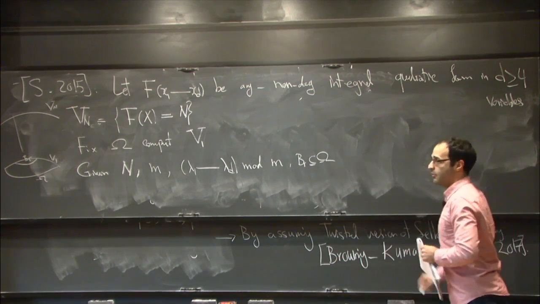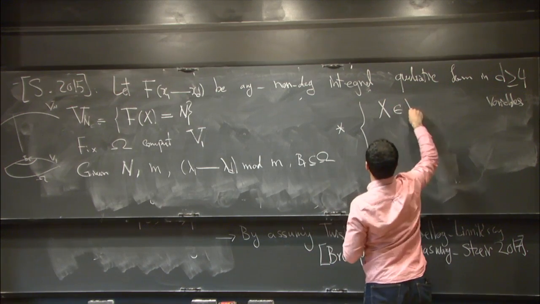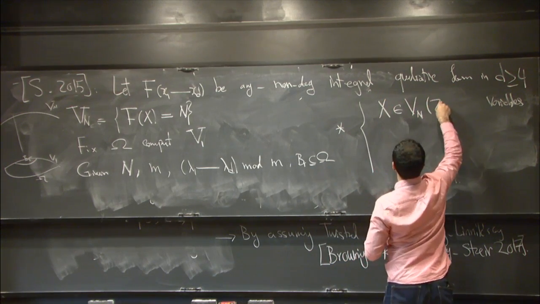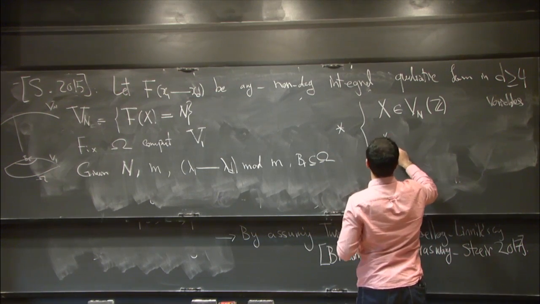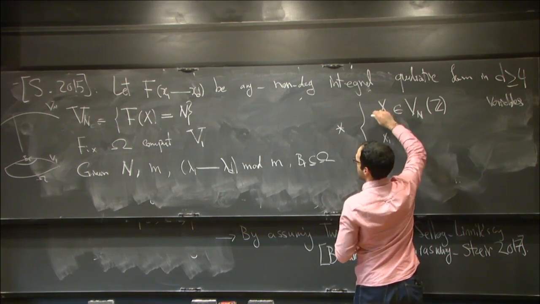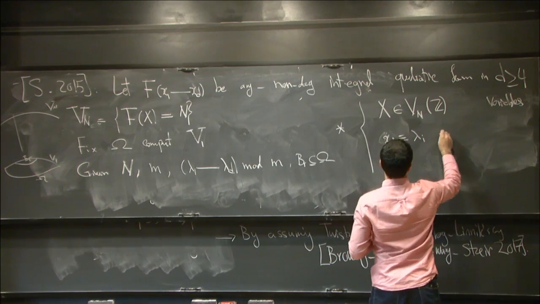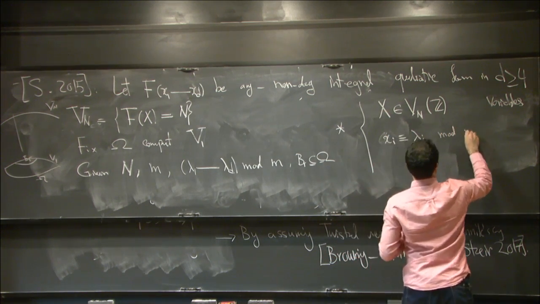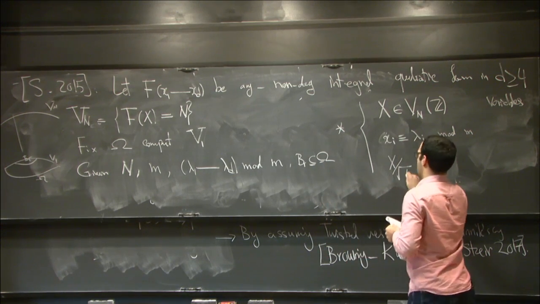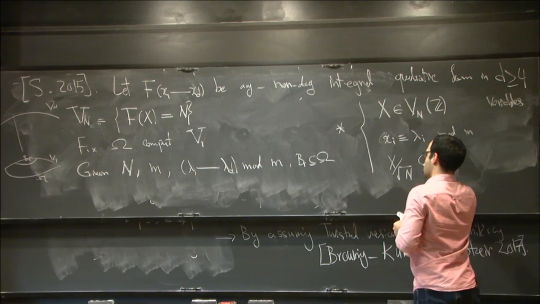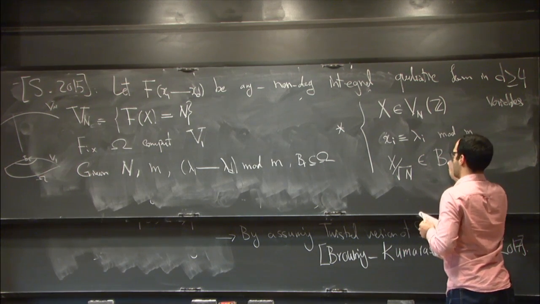So the task is to find x inside Vn of Z, where x is a vector, such that xi is congruent to lambda i mod m, and also, when we project x on V1, it lies inside the cap Br.